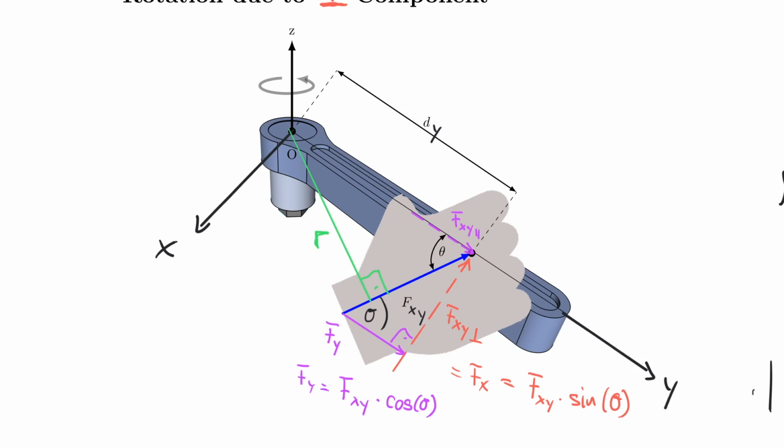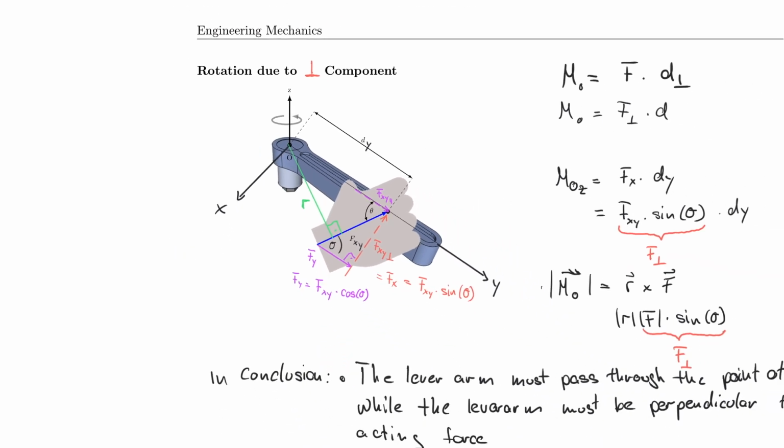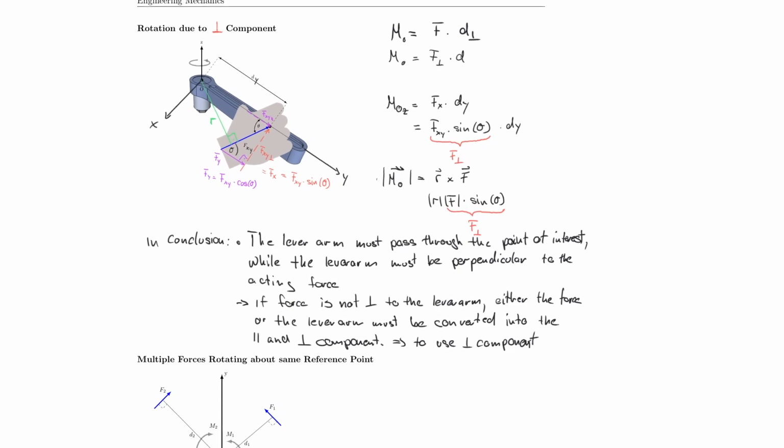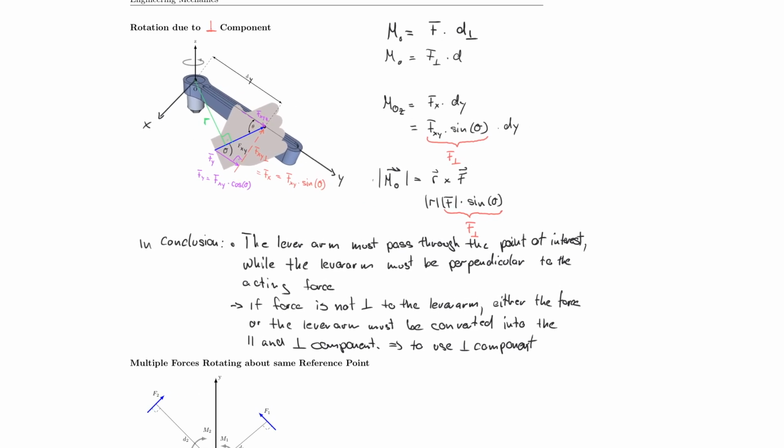But that distance R here, based on the geometry given in this picture, because I was given this angle here, would have been a waste of my time. So it was easier to talk about it with the force broken down. But it doesn't matter if you take the force or the lever arm. You can always turn both into the perpendicular component. So that concludes that portion.